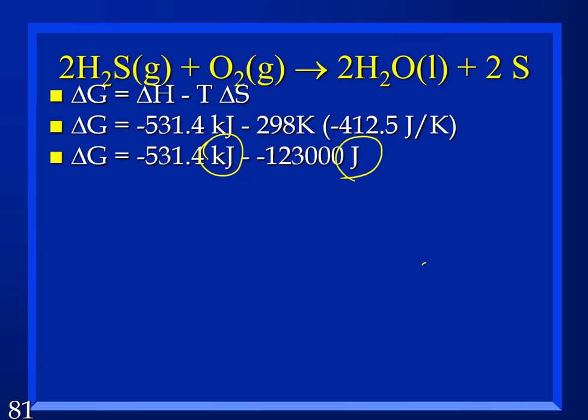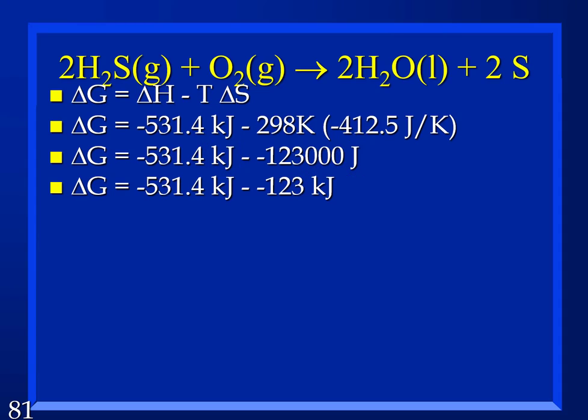You move the decimal point 3 times. So instead of writing negative 123,000 joules, I can write negative 123 kilojoules. I move the decimal point 1, 2, 3 to the left. There are two negative signs because one's a subtraction and one's the negative sign. I've just carried all these signs down. That's all I did. Okay, make sense?